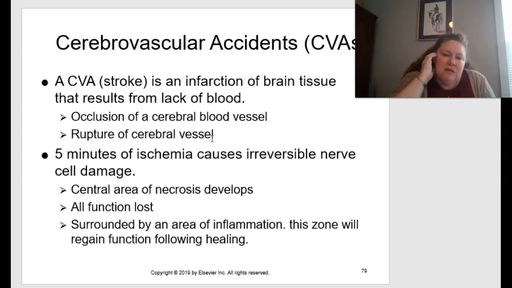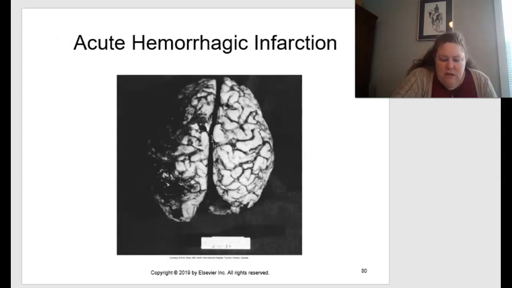Five minutes of ischemia causes irreversible nerve cell damage, and a central area of necrosis develops, and all function of that area is lost. It can be surrounded by an area of inflammation, and this zone will regain function following healing.